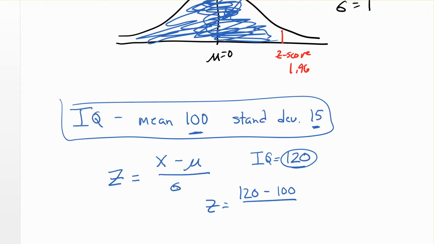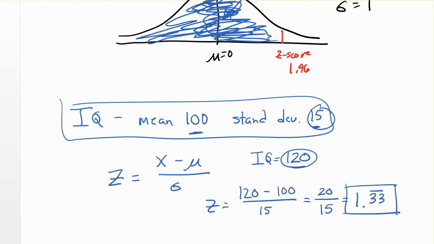And the standard deviation, sigma, is 15. So our z-score would be 120 minus 100, or 20, over 15. And if we put that into a decimal number, we would get 1 and 5/15, or 1.3 repeating. So an IQ score of 120 would have a standard z-score of 1.33.